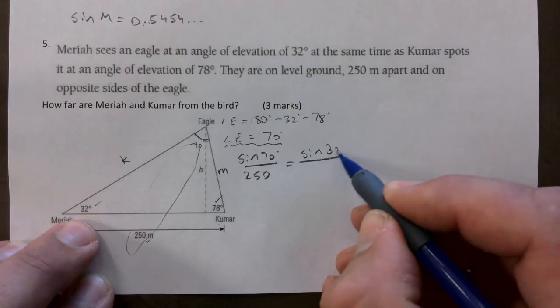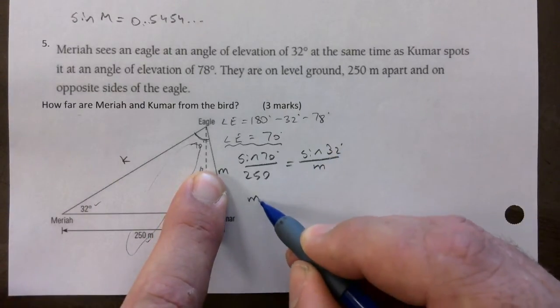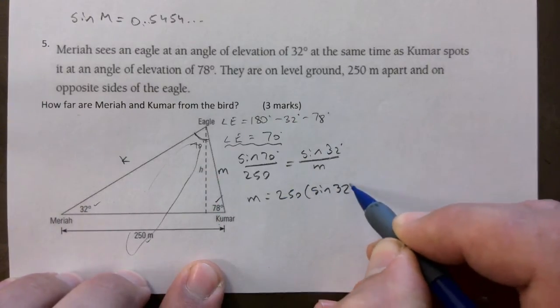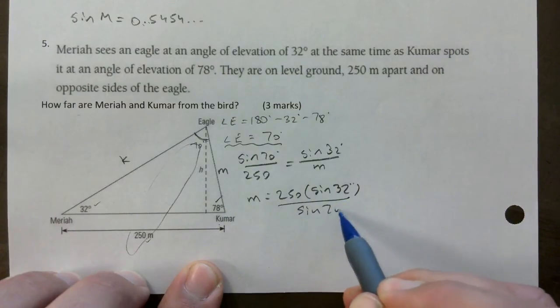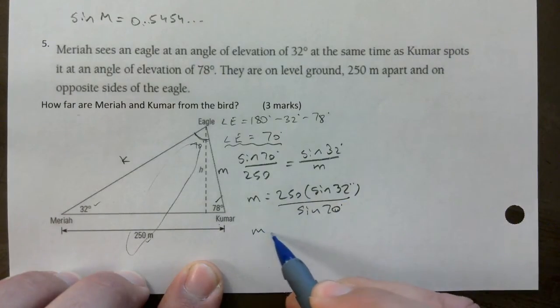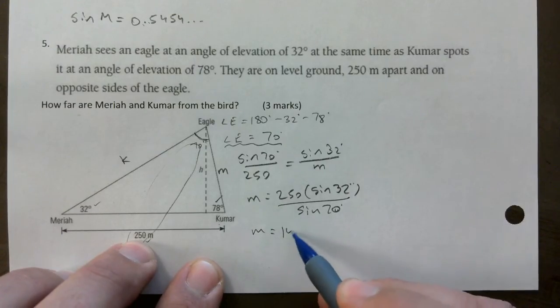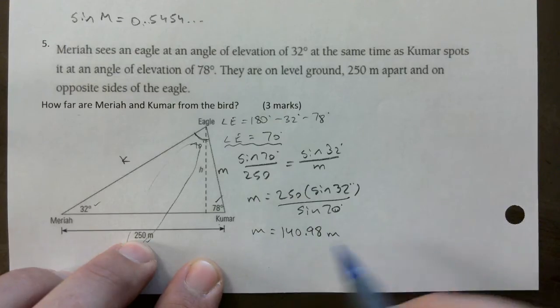So sine of 32 will allow you to solve for side m. M is 250 times sine of 32 divided by sine of 70. So m is 140.98 meters.